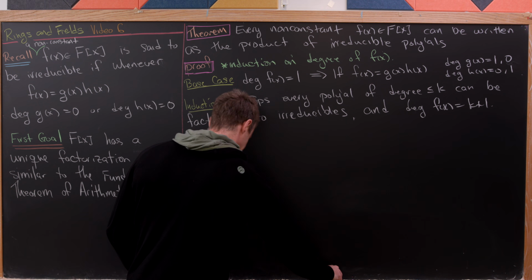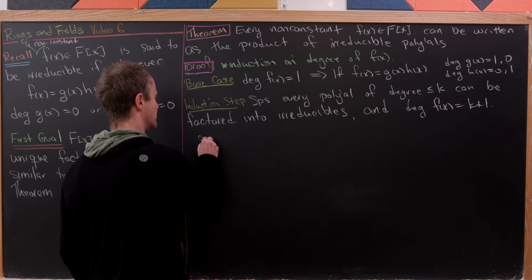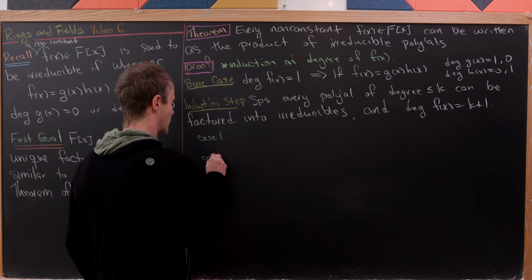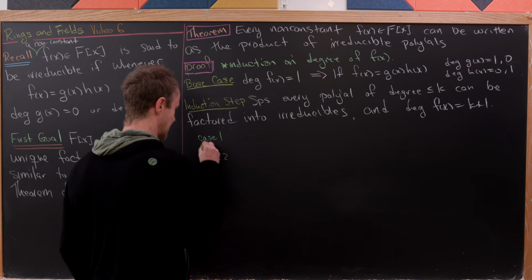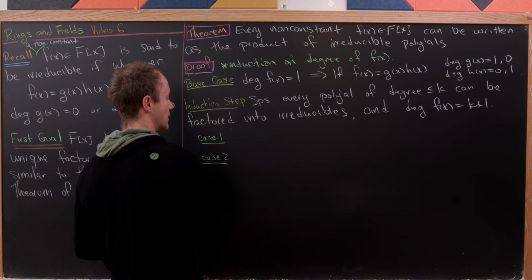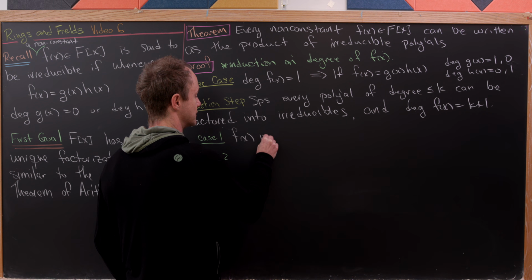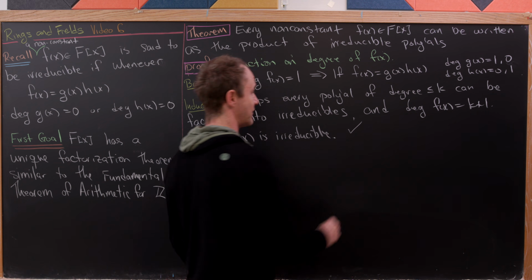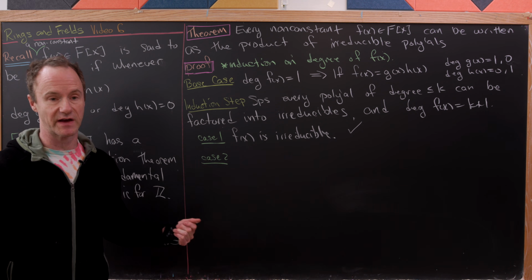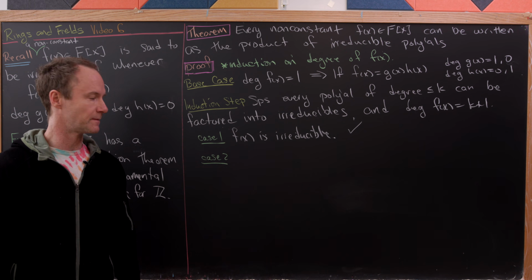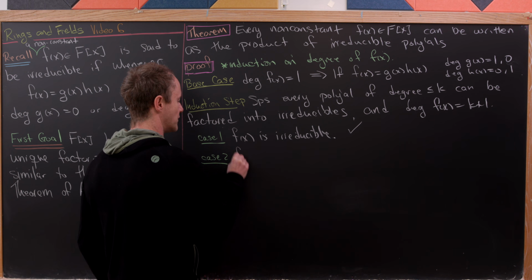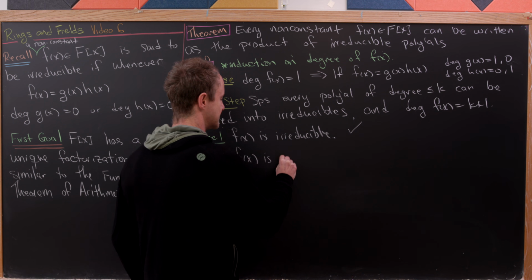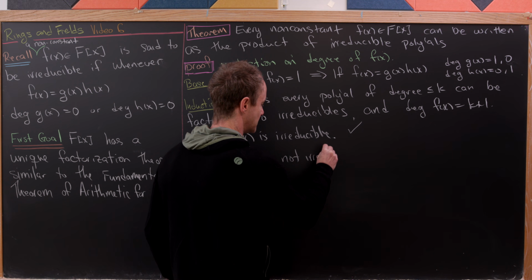So I'm going to break this into cases, although I think you could probably write your way around needing to break it into cases. So case 1 will be f of x is irreducible. But that means that we're done already, because f of x is equal to just f of x. It's already irreducible.